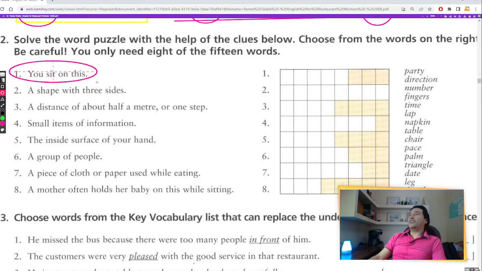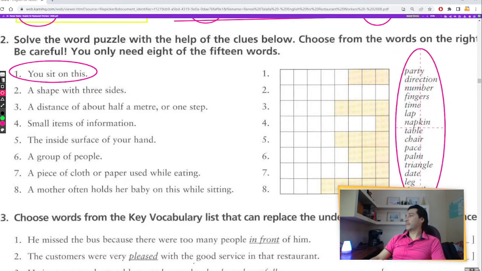Number 1 says, you sit on this. Which word is something that you sit on? You sit on this. 1, 2, 3, 4, 5 letters.